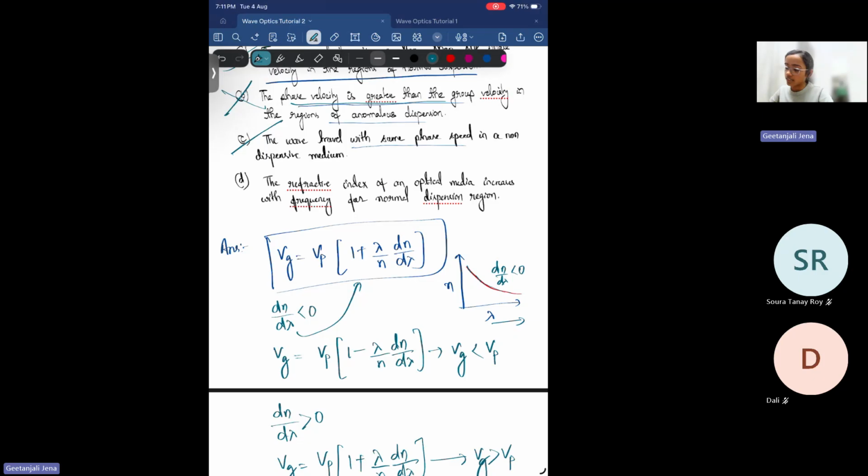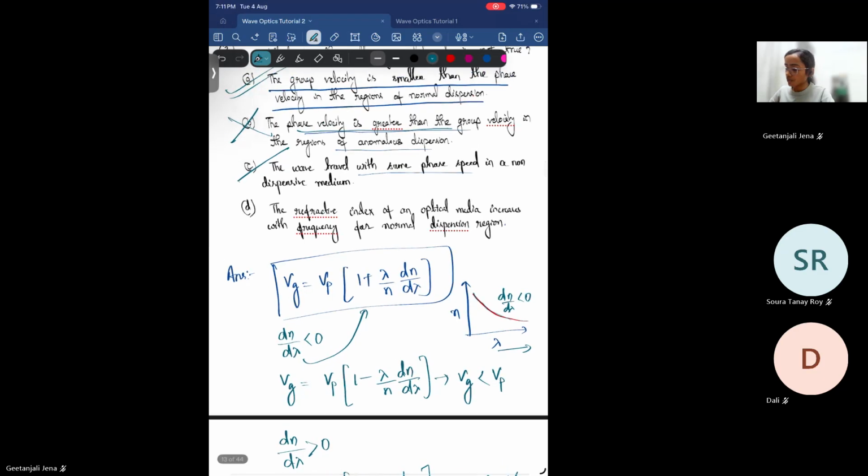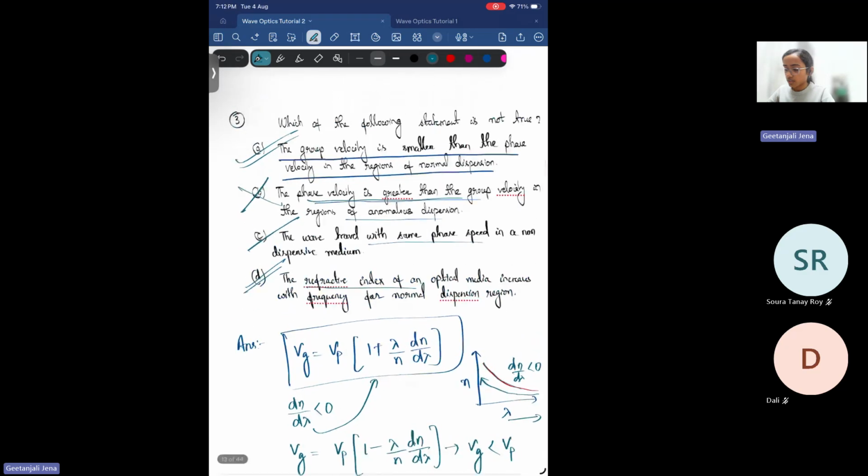So that means if you increase the frequency, the refractive index will increase. If you trace the path along the direction of frequency, the refractive index will increase. So option D is also correct. So the answer will be option B. This is not the correct statement. So is it clear?